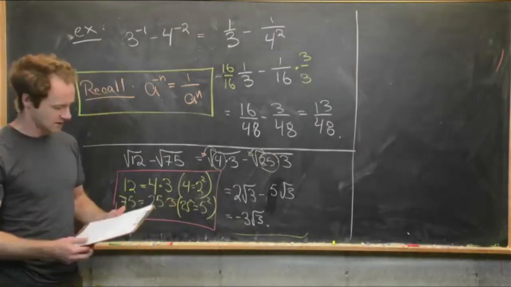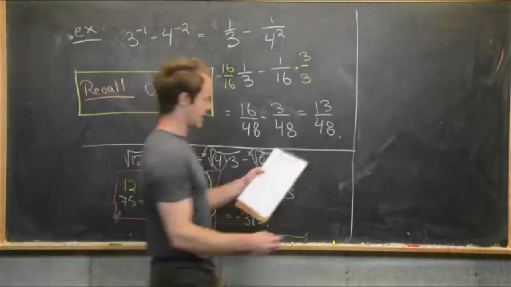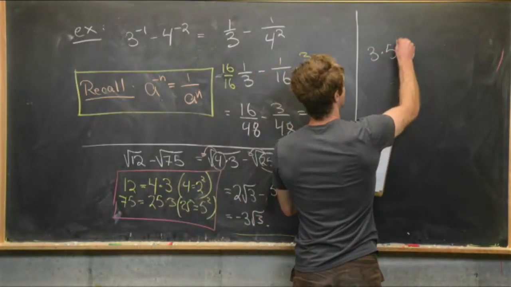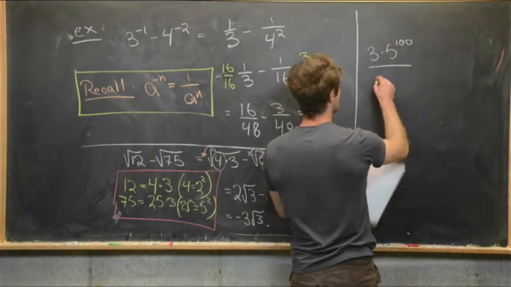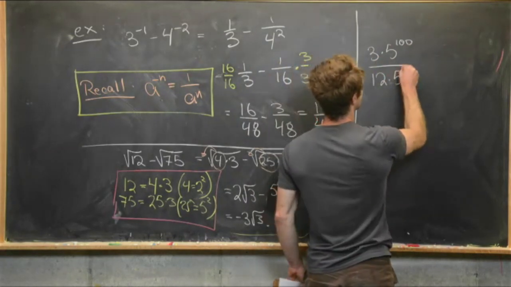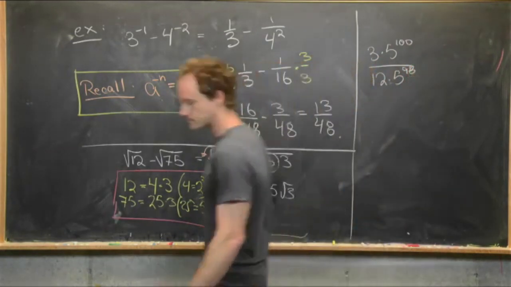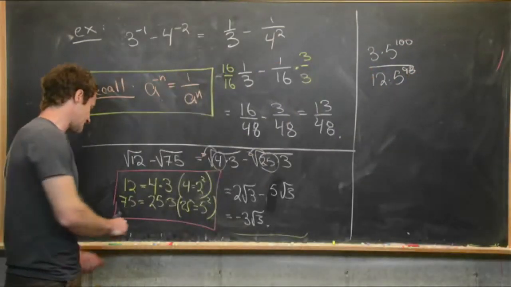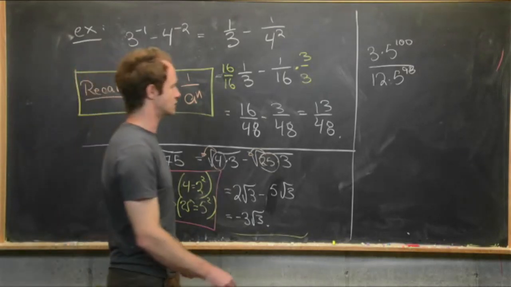So, okay, let's look at this. We've got 3 times 5 to the 100 over 12 times 5 to the 98. The point of this problem is to recall some exponent rules.